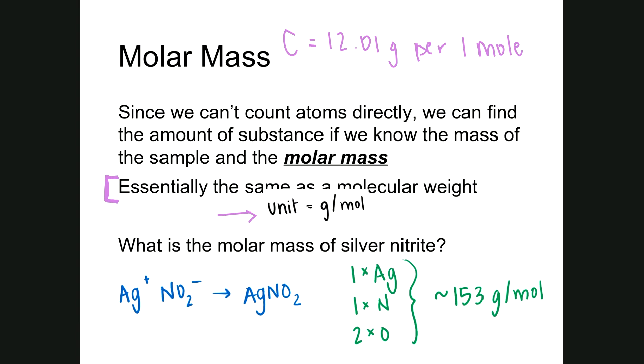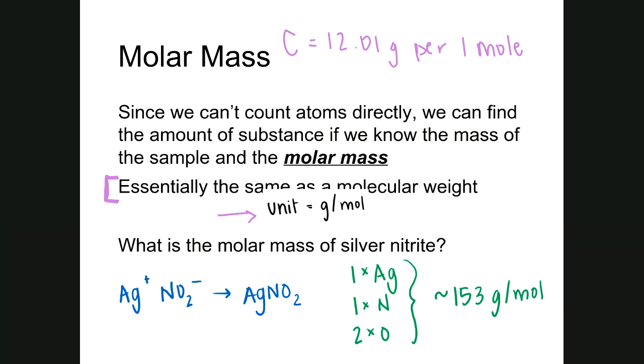So this question here says, what's the molar mass of silver nitrite? Well, again, we need to find the formula or else we can't find the mass. So silver we know is a +1, nitrite is one that you have to have memorized. So it comes together to give us AgNO2. That means we need 1 silver, 1 nitrogen, and 2 oxygens.